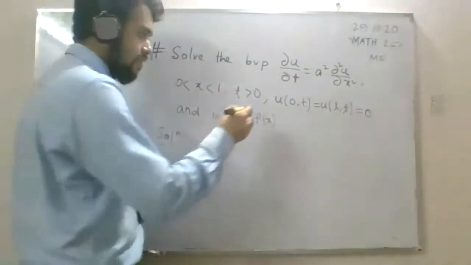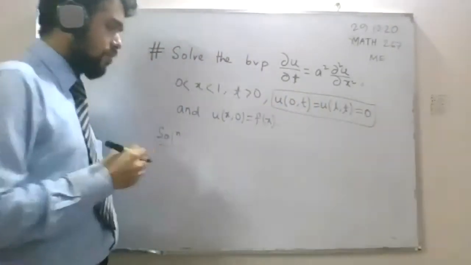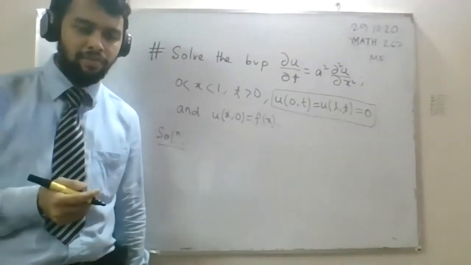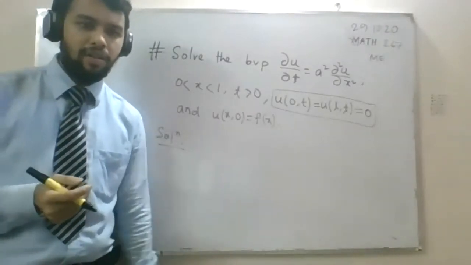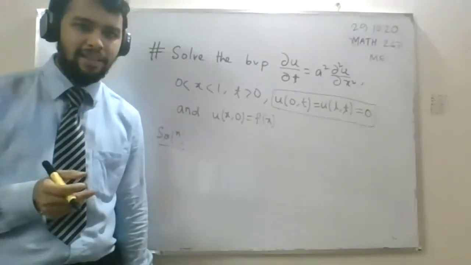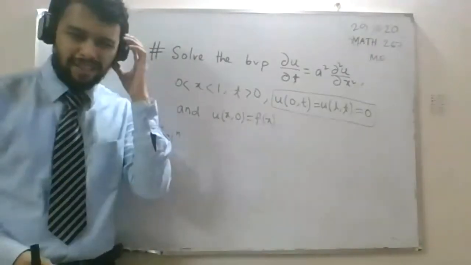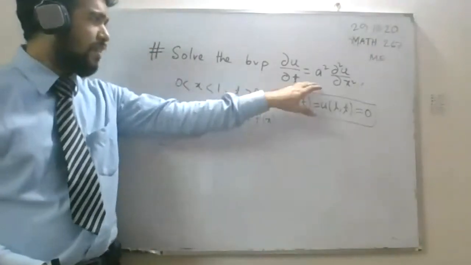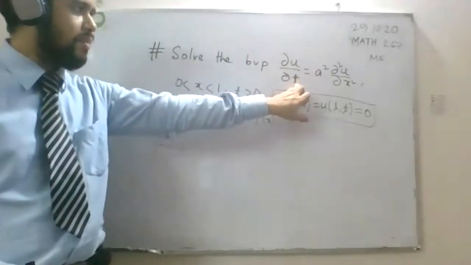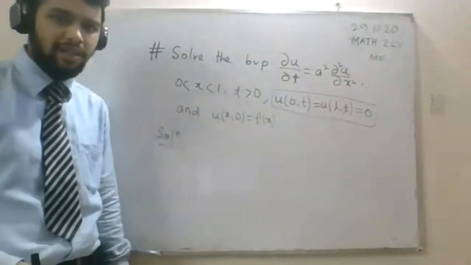Okay. So at first you have to use the separable variable method for solving this kind of problem. So here you have to use u(x, t) equals X into T, and from there you can differentiate your u with respect to t one time, and also differentiate your u with respect to x partially two times.